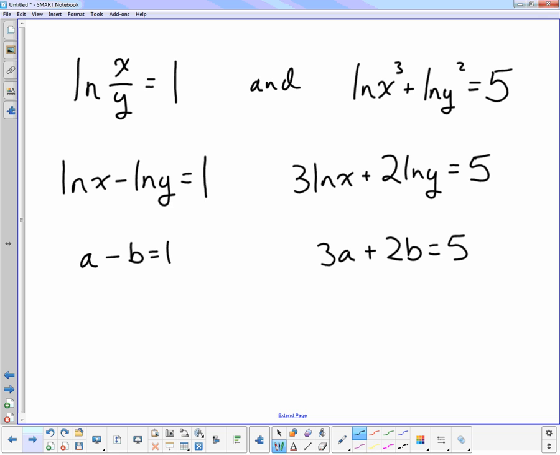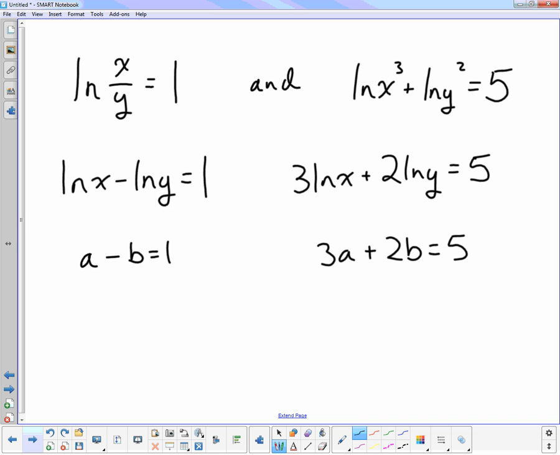Well, do yourself a favor. Instead of plugging it in, set them equal to each other. Solve for a in both cases and then set them equal. Or solve for a in the first one and substitute it into the second one. What, you found this. You found that.